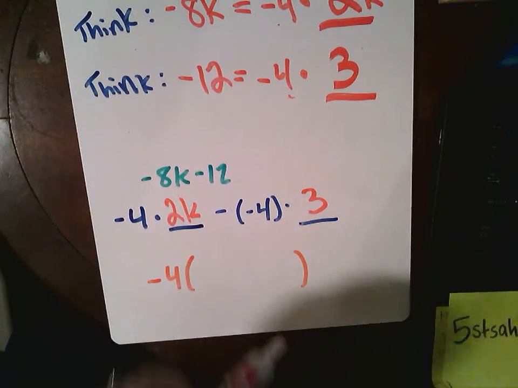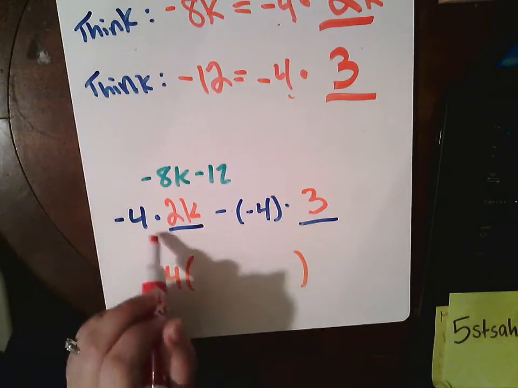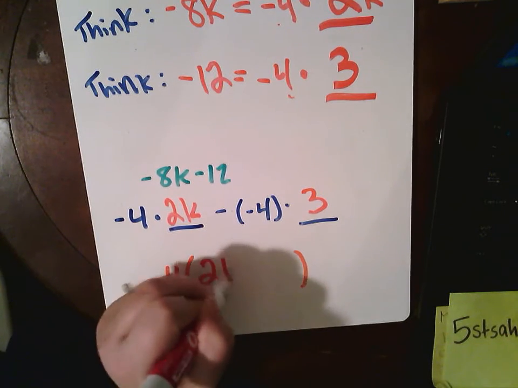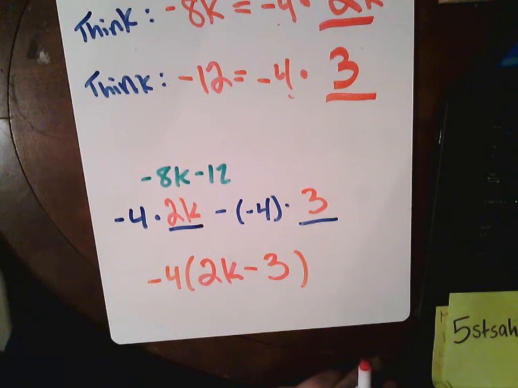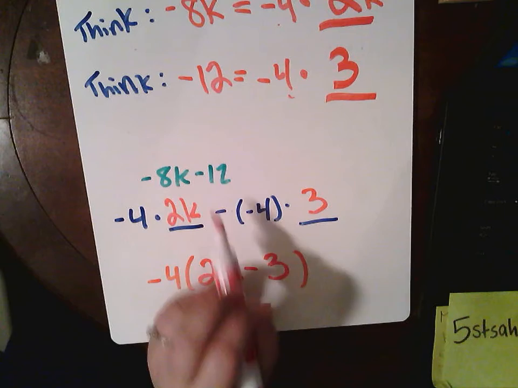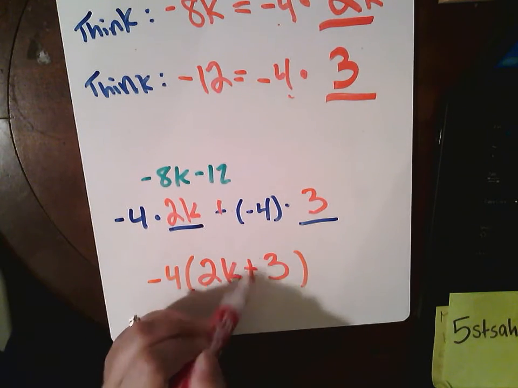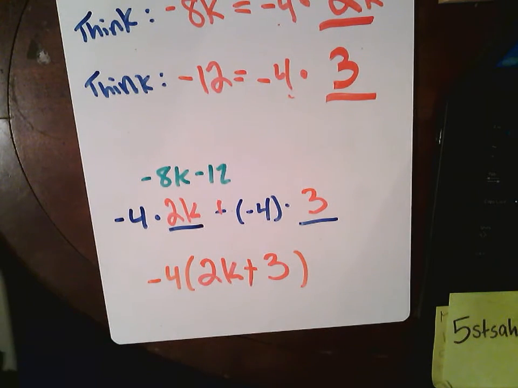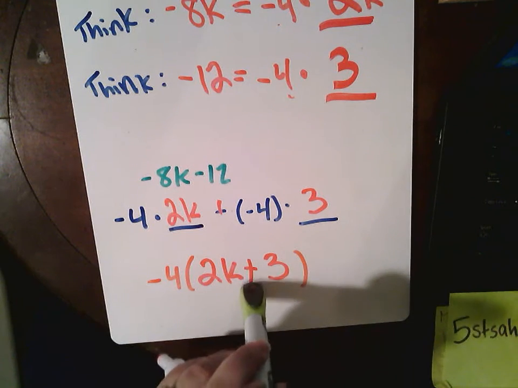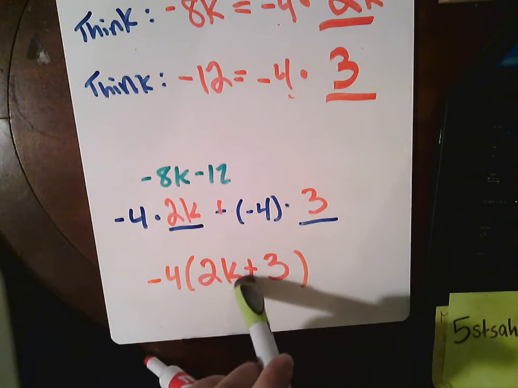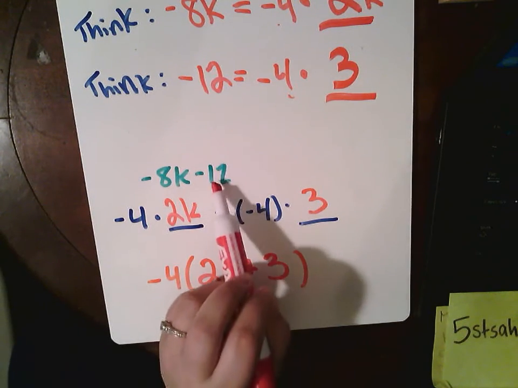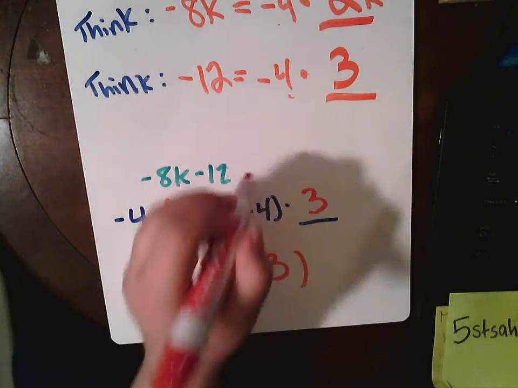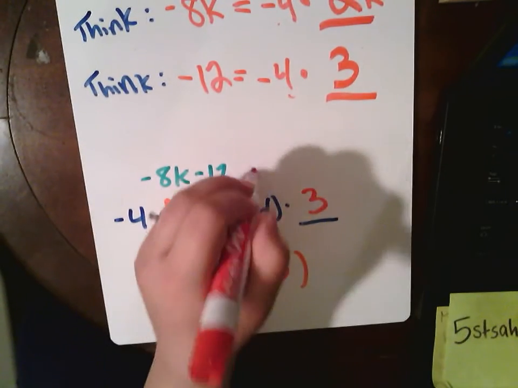Alright, but back to this. So we pulled our negative 4's out, so then we are left with 2k minus 3. Actually, since I called this negative 12, we're going to call this plus 3. Because that would change. Calling this negative 12 makes our expression look like this.